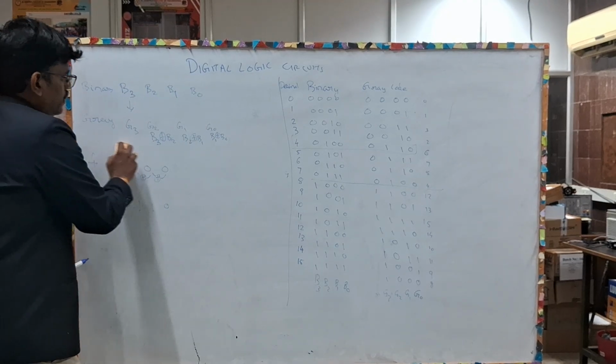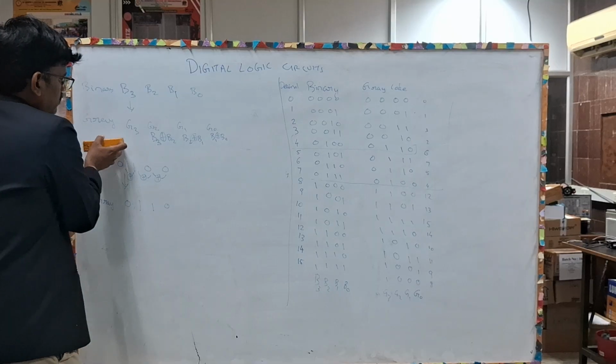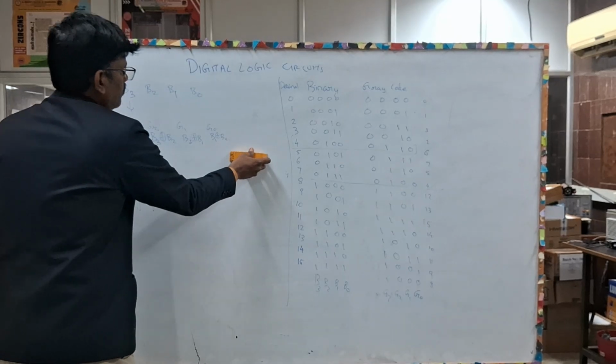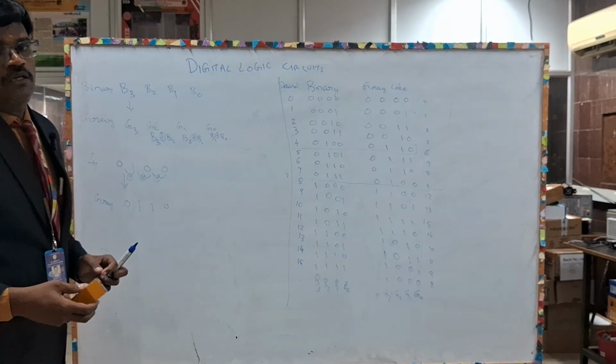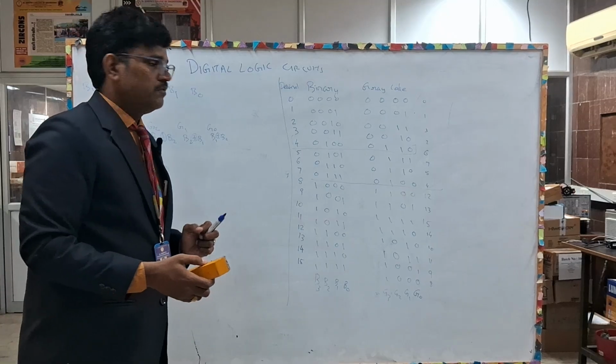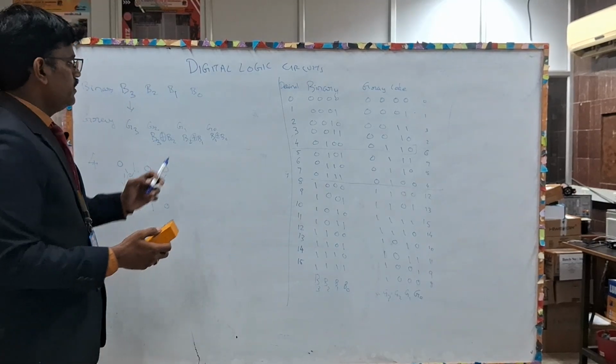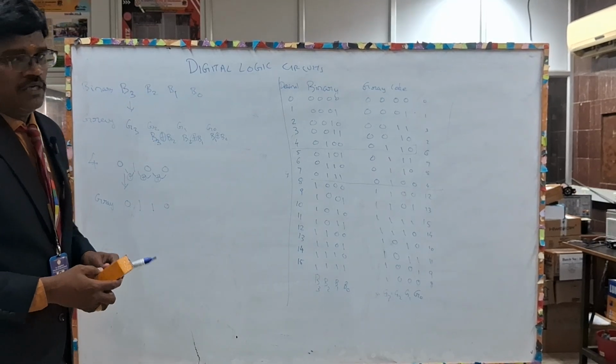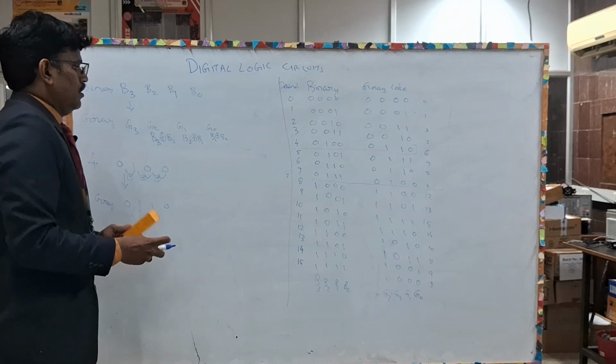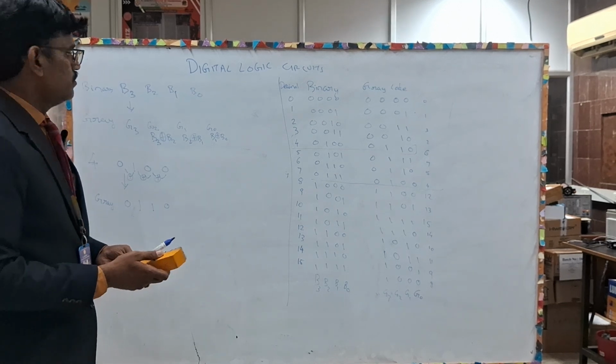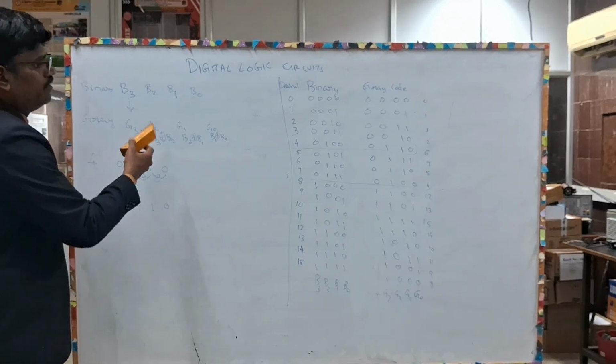So this is the method for converting a given binary value to a gray code representation, an understandable format for the counting application.